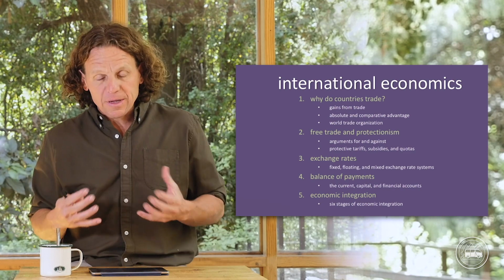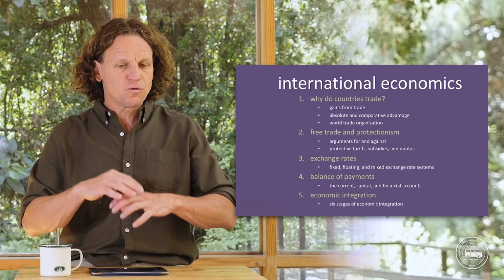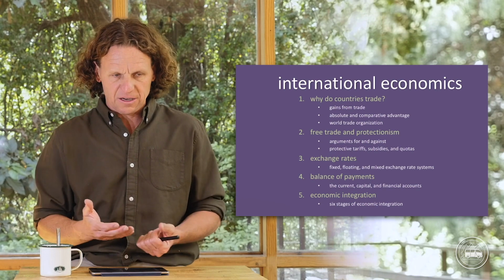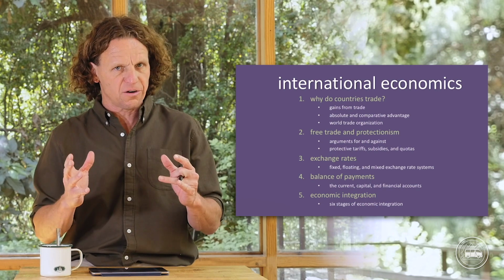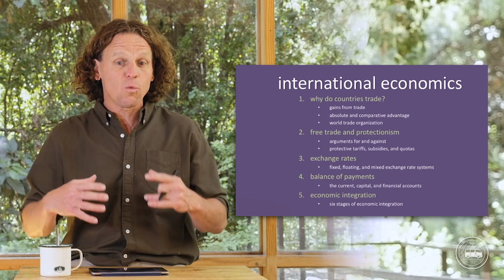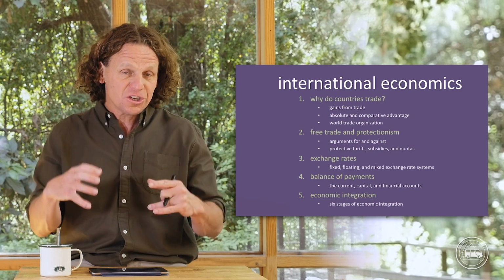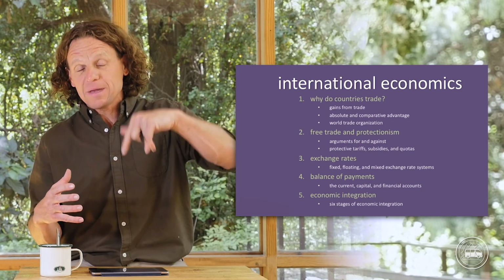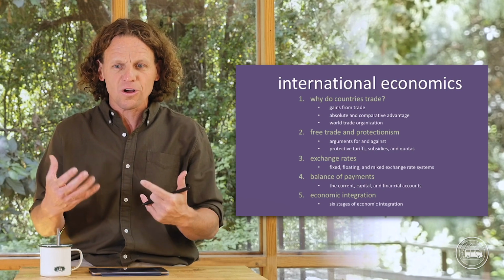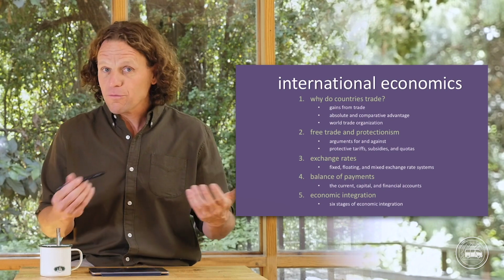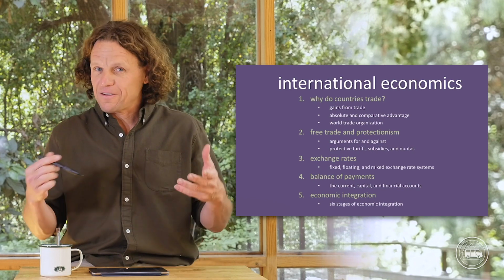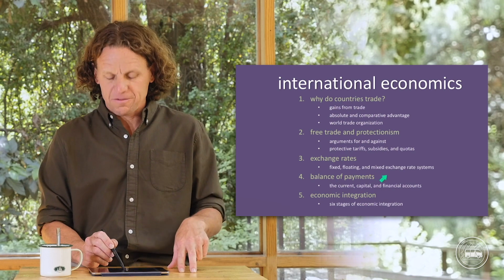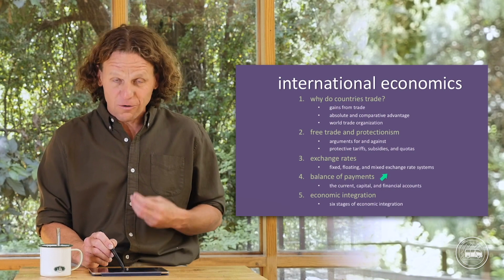In economics, the way we study it is we pretend you can only get certain currencies in the physical location where they're located. I'm in Santiago, Chile, and so I can only spend, in theory, pesos here. So if anybody wants to buy Chilean goods from a Chilean company, they have to take their dollars or their Argentinian pesos, turn them into Chilean pesos, and as a result, that has an impact on the exchange rate. There are 3 systems: fixed, floating, and the mixed exchange rate system, which is more realistic than either of them. That's pretty exciting. That's chapter 3, or unit 3.